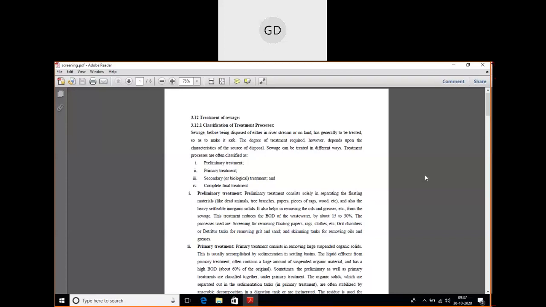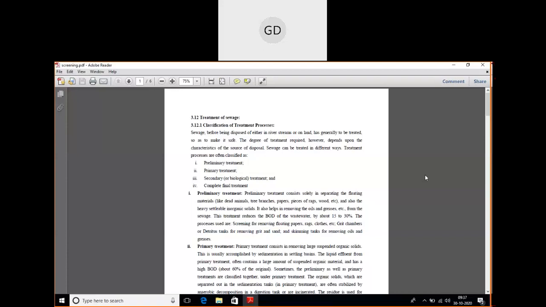It is generally accomplished by the biological decomposition of organic matter.